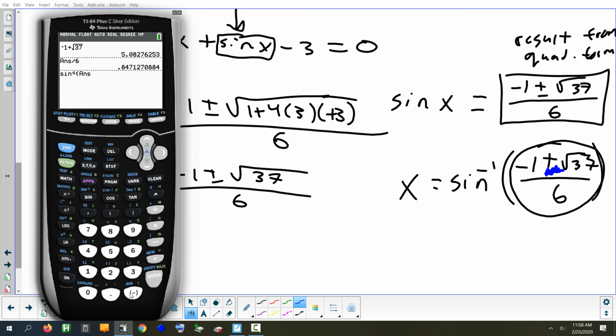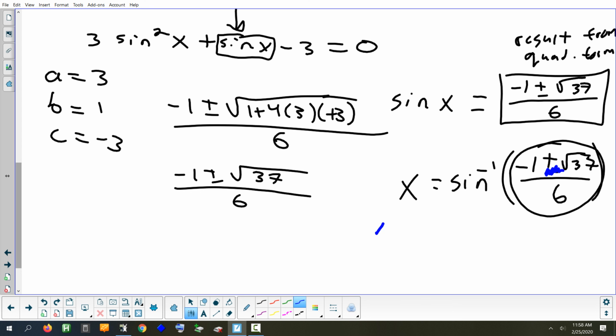So I'm just going to do this problem in degrees. I could change it to radians by hand after if I really wanted. 57.90, approximately. And now we have to think about that ASTC chart.